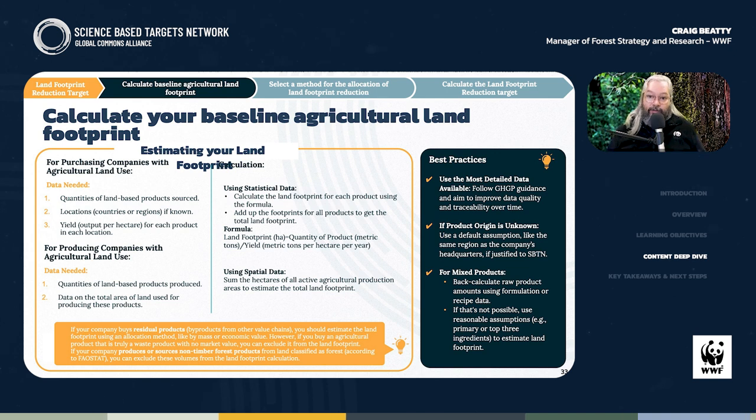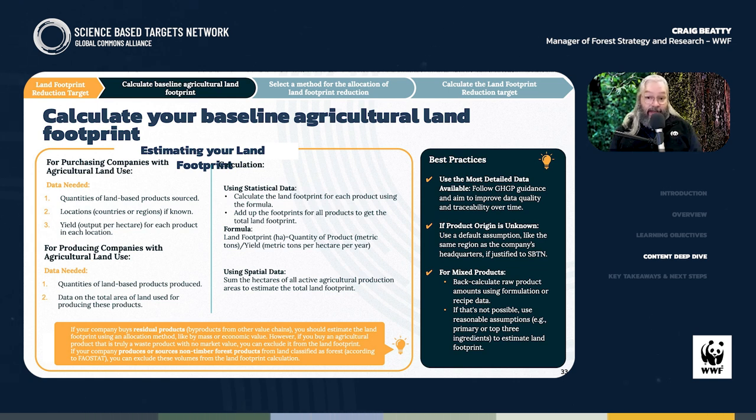In addition, we want to share some best practices to bear in mind when going through this process. First, use the most detailed available data and aim to improve data quality and traceability over time. Second, if product origin is unknown, use default assumptions like the same region as a company's headquarters and justify your selection to SBTN.